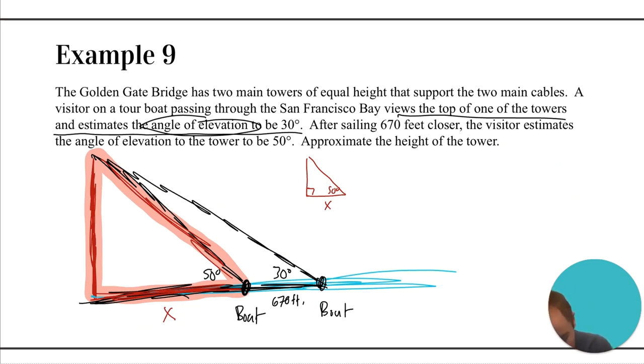And then if I sketch out this other triangle that has the 30-degree acute angle in it and the 90-degree, we could say that that bottom side would be an additional 670 added to the x. So this would be x plus 670 long. Okay. So we definitely would know then that if we were trying to find the height, this height and this height are going to be the same number as each other, right?